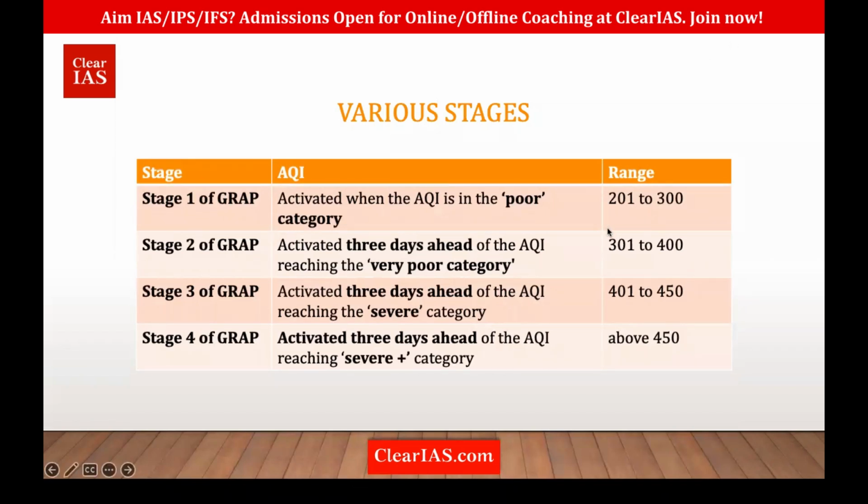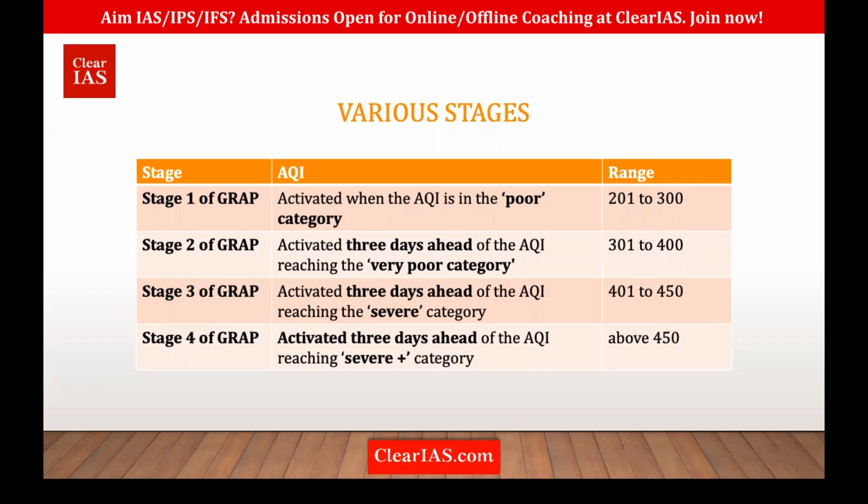The first stage is kickstarted when the air quality reaches the poor category, that is in the range of 201 to 300. Stage 2 starts 3 days prior to the very poor category, that is the 301 to 400 range.